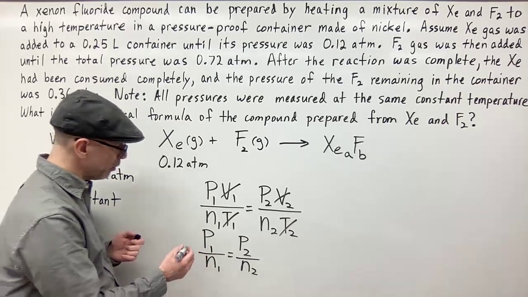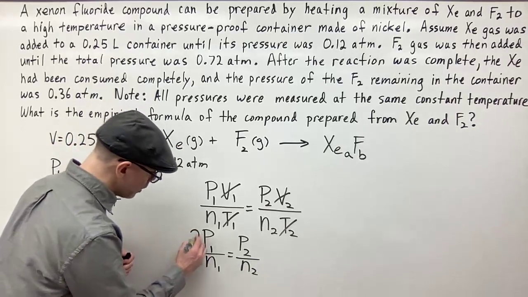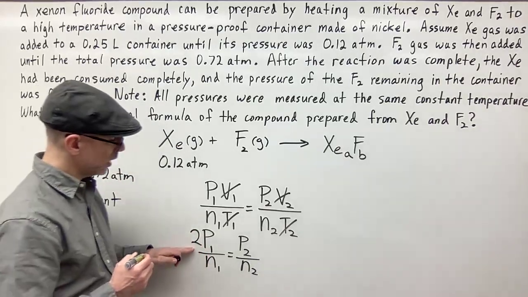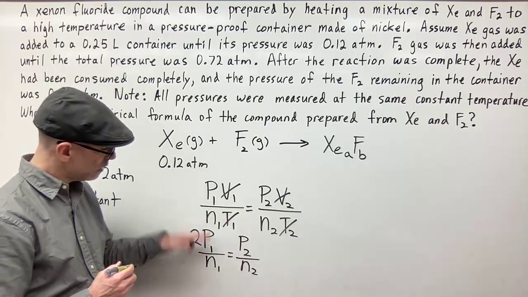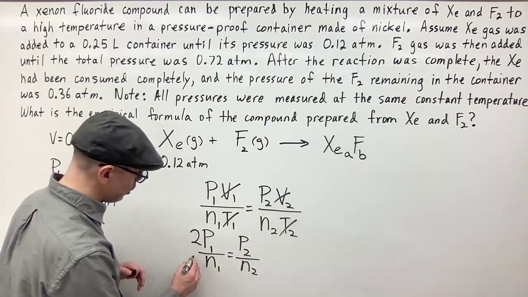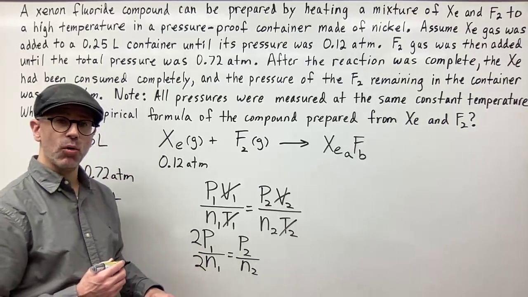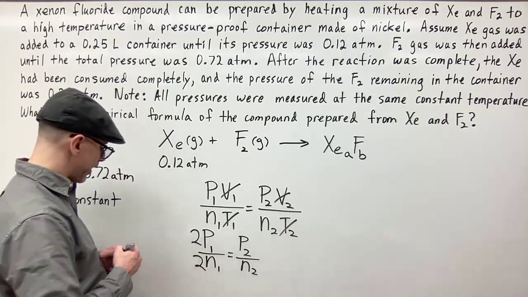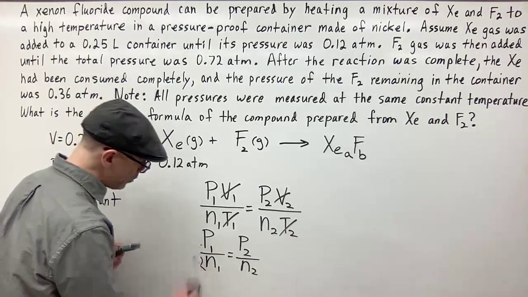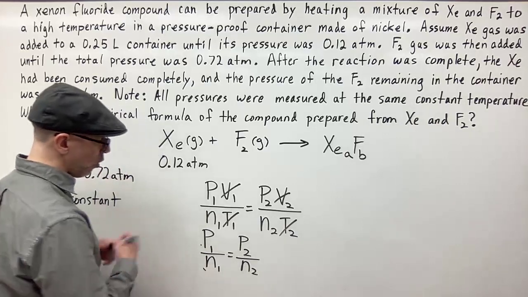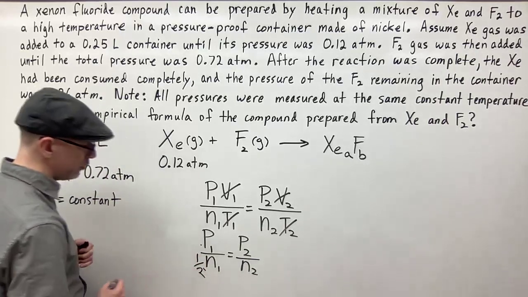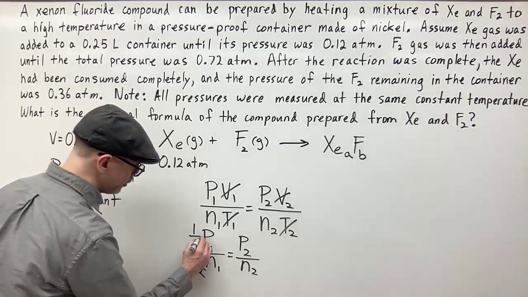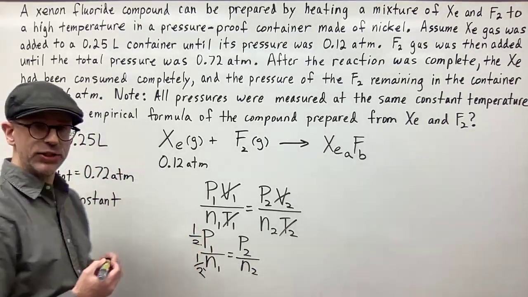So for example, if I double the pressure, in order to keep the ratio the same, I would have to double the number of moles. If I halve the number of moles, then I have to halve the pressure.